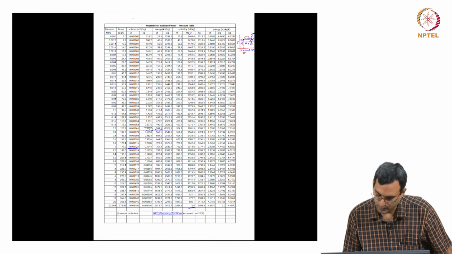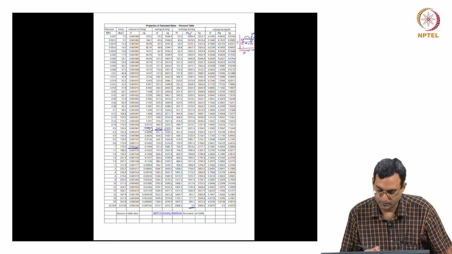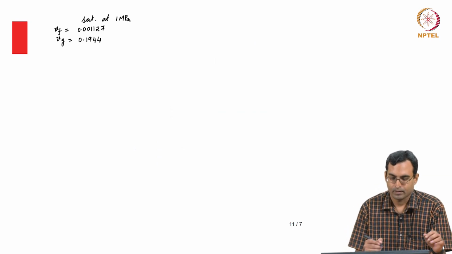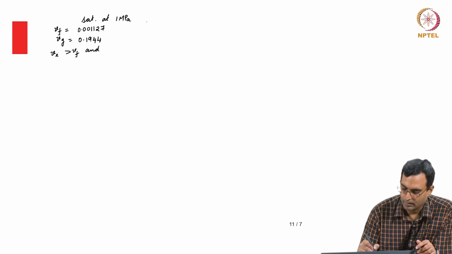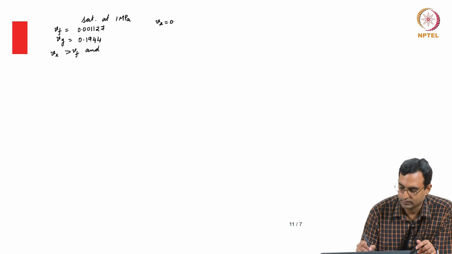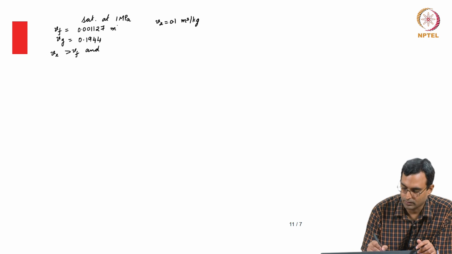Confirm that I have the values correctly. Yes, I have 1127 and 1944. So, v2 is greater than vf, and our v2 was 0.1 meter cube per kg. These are also in meter cube per kg.